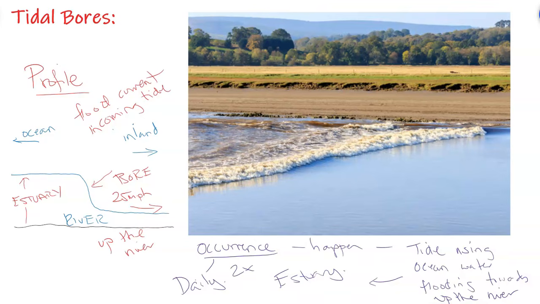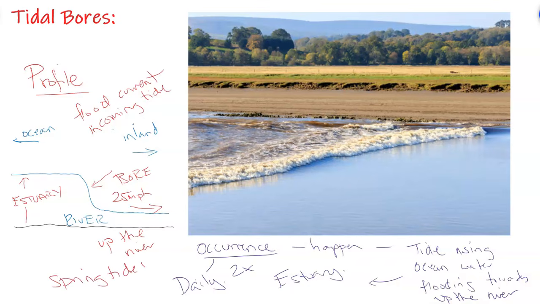Now, the larger bores that are more obvious, you can even surf them, ride them. Some are very, very large. The river in China, which is pronounced, I'll probably butcher this, the Qiantang River in China, has an average 4-meter high tidal bore. And these occur generally on the spring tide.